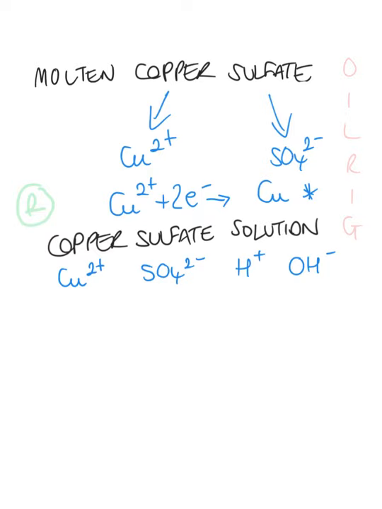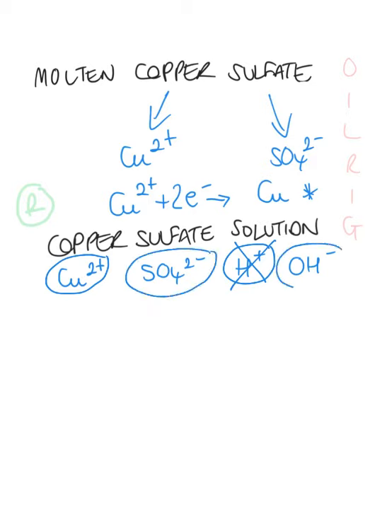The rules say that if you have 2 positive ions present, the least reactive ion will be discharged at the electrodes. So 2 positive ions here, copper 2 plus and H plus. Now copper is actually lower than hydrogen in the reactivity series, so we will be doing the half equation for copper.